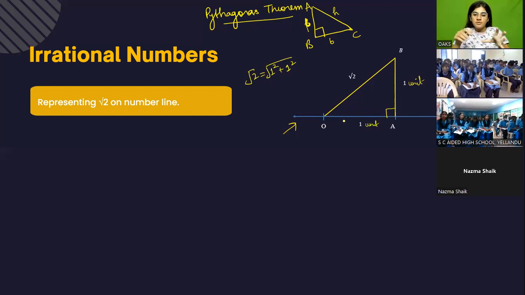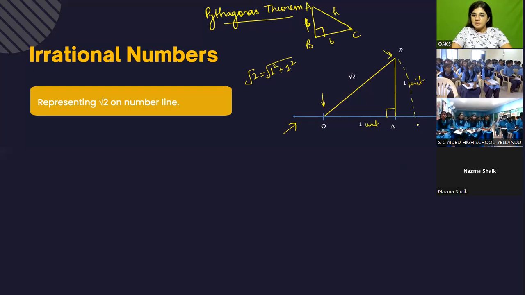Now to represent root 2 on the number line: it is still not on the number line, it is on the triangle. We get root 2, but it is on the triangle. We have to put this OB on the number line. So what we'll do, we'll put our compass on O and the pencil on B. We'll stretch our compass like this on OB and put an arc on the number line.